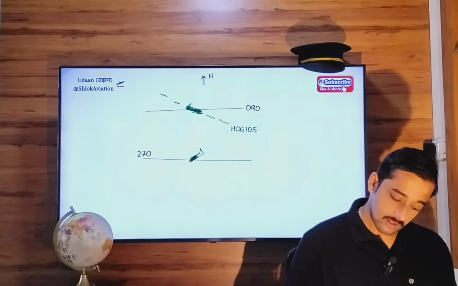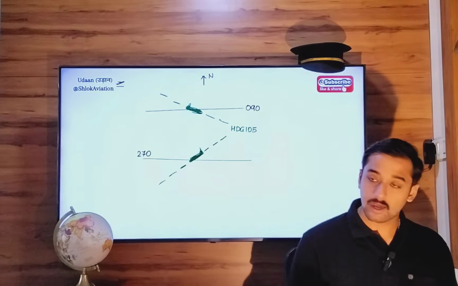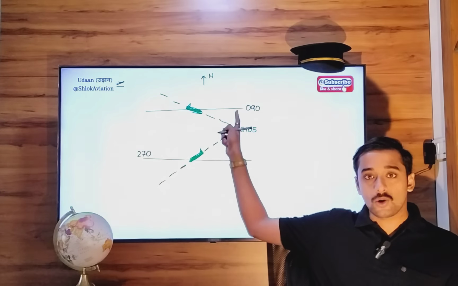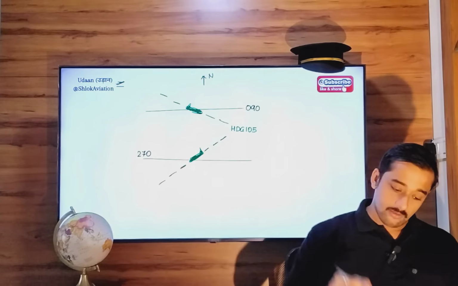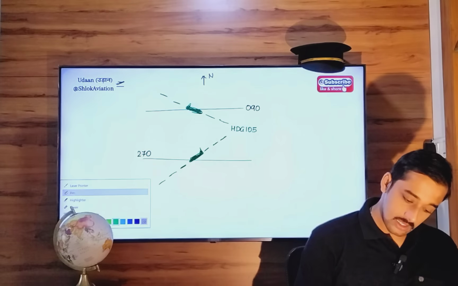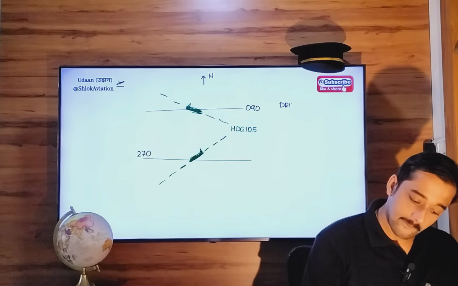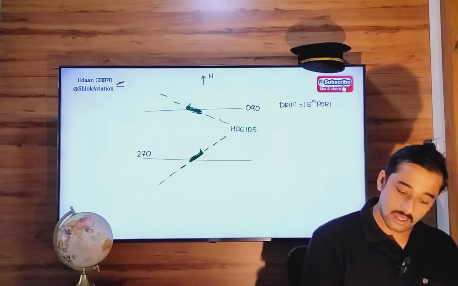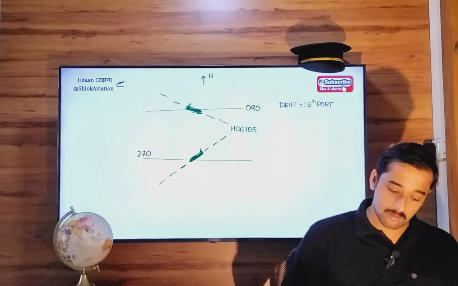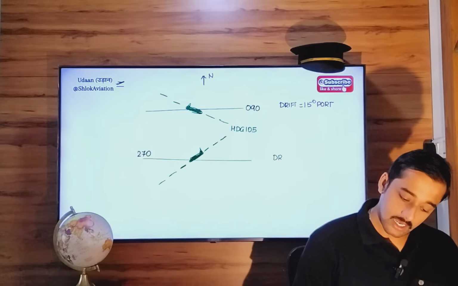Heading on the opposite track: while going on a track of 090, the drift was 15° left. Now on the opposite track, the same drift will become 15 degrees right.